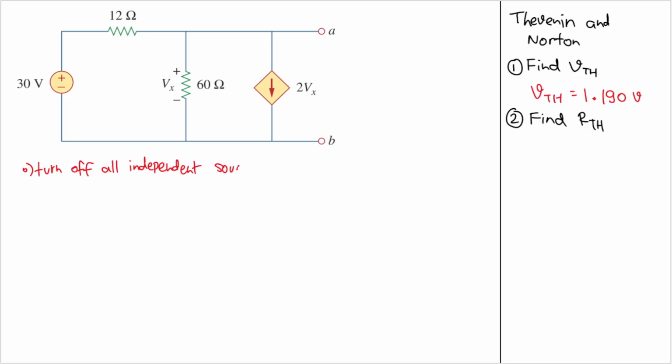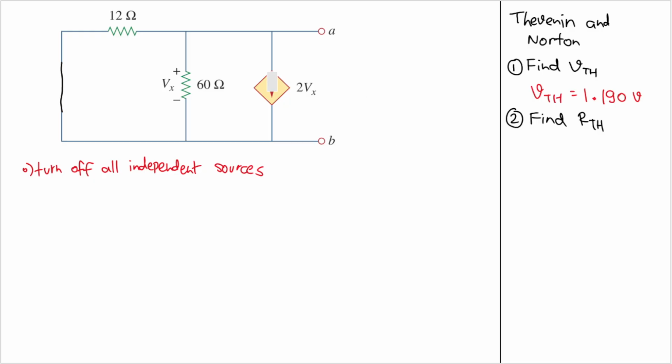We need to turn off this 30-volt voltage source, and we replace it by a short circuit. We need to replace a voltage source by a short circuit and a current source by an open circuit. But this is a voltage source, so let's replace it by a short circuit. Now we have replaced this by a short circuit.